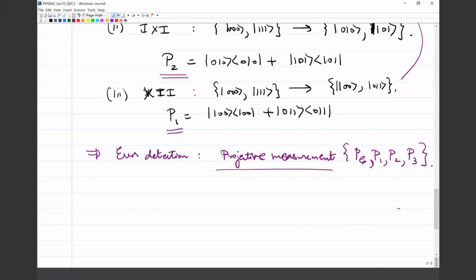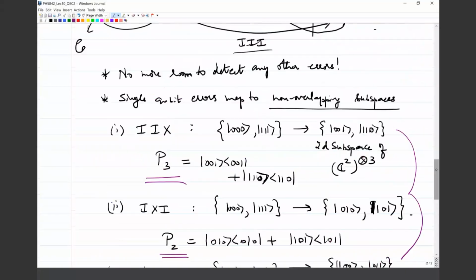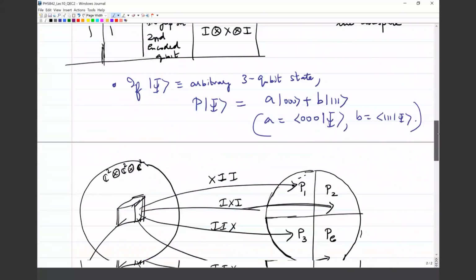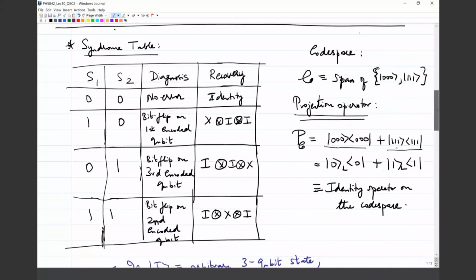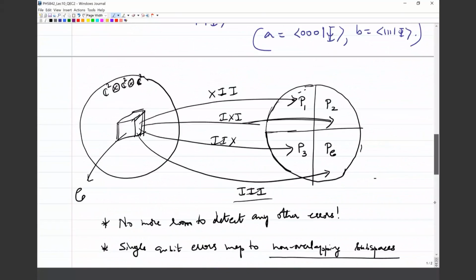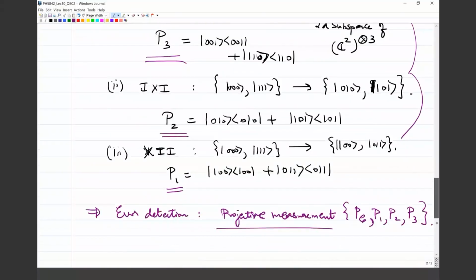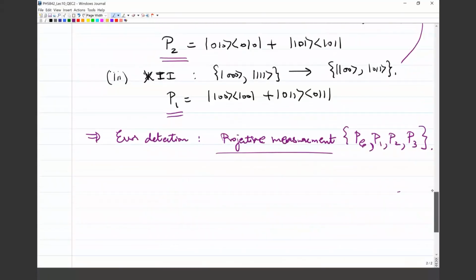And that's all the information we need. And we blindly go ahead and do this recovery, which is simply one of these four operations. That's all. So nowhere in this have we extracted any information about what the superposition state is, what the encoded state is.